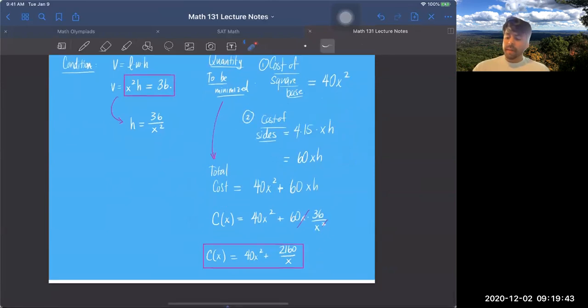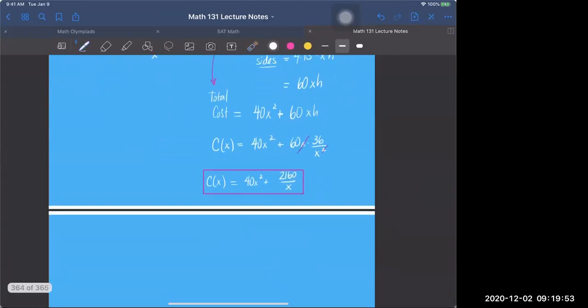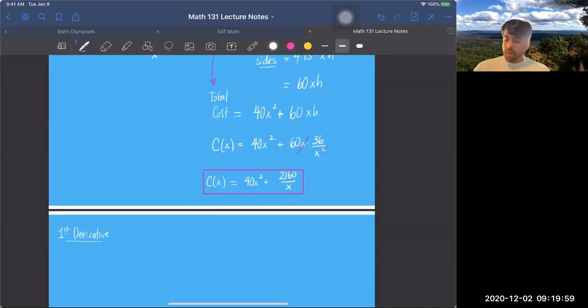So now what's the next step after we specify our function as a single variable? We have to do what? We could use the first derivative. Our first derivative, C prime of x.